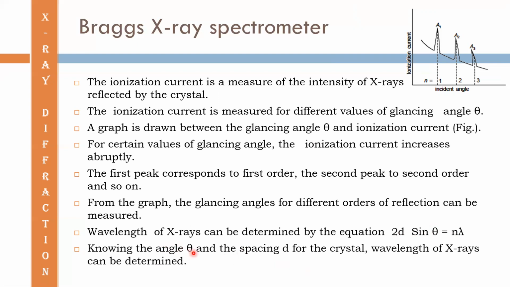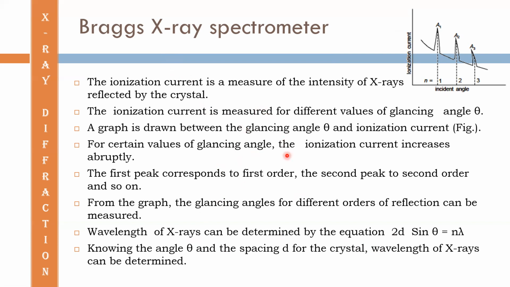Knowing the angle theta and the spacing d of the crystal, the wavelength of X-ray can be determined. So this explains how we can measure the wavelength of X-ray using Bragg's spectrometer.